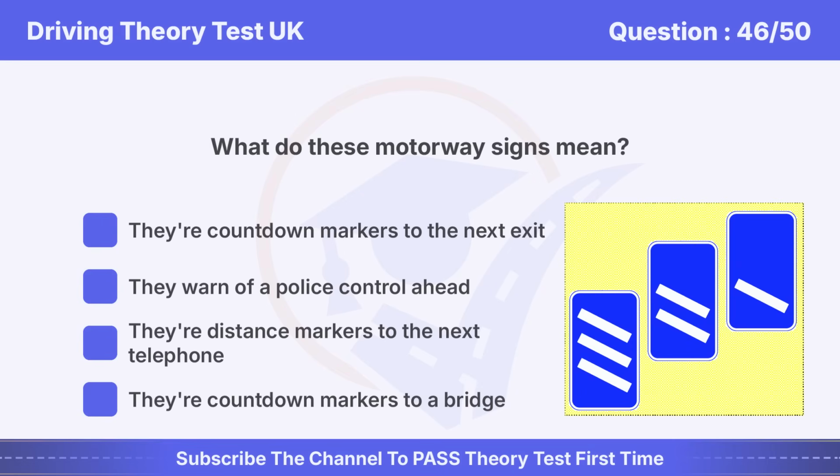Question 46. What do these motorway signs mean? Answer is A. They're countdown markers to the next exit.